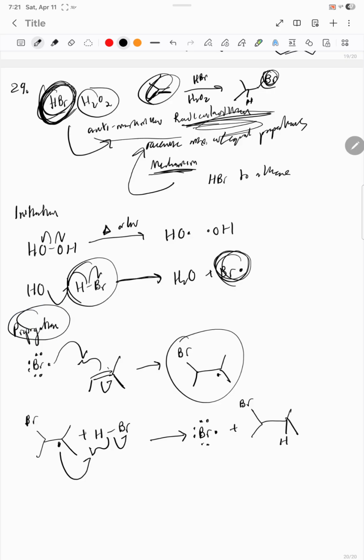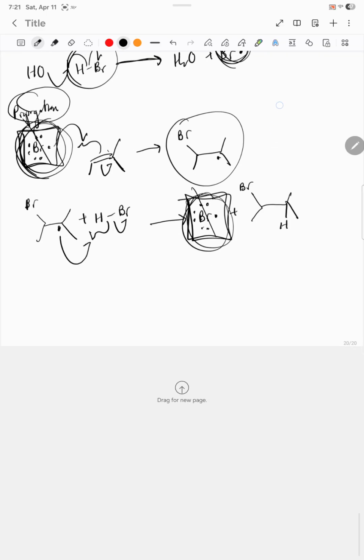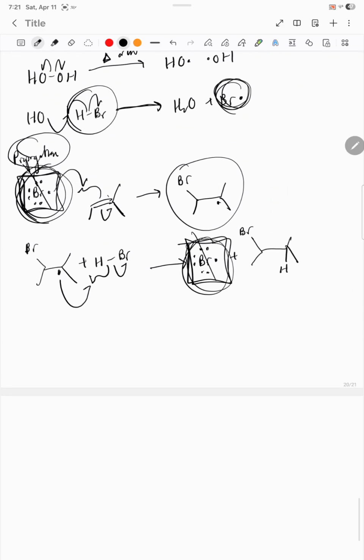Because in propagation we start off consuming the bromine radical, but we also form it again in the end. This means it's like a catalyst: it gets consumed but produced again, so it cancels out. It's like those spectator ions we learned in general chemistry, except it's not.